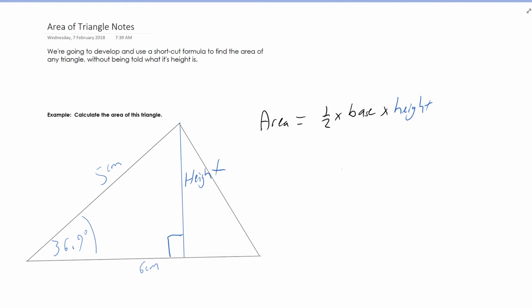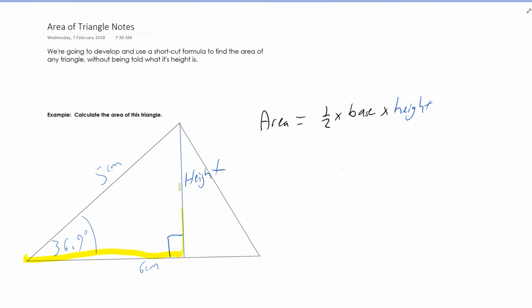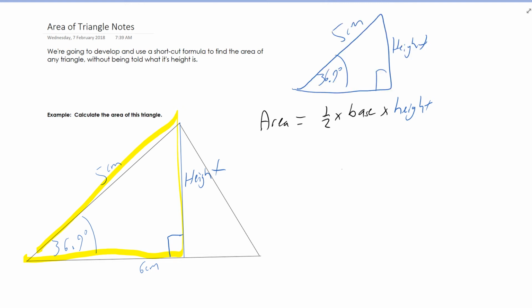Well, if we draw off to the side that part of the triangle, so this part here, which 2 sides are involved in calculating the height?